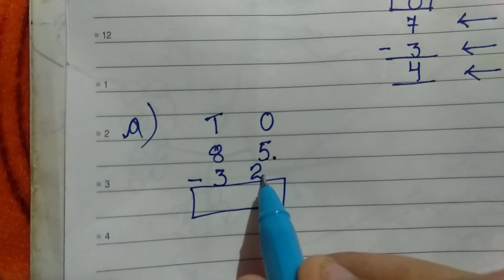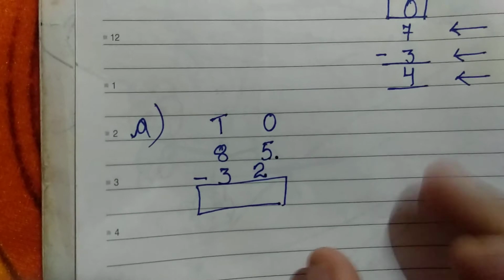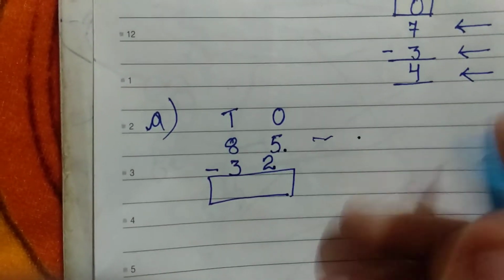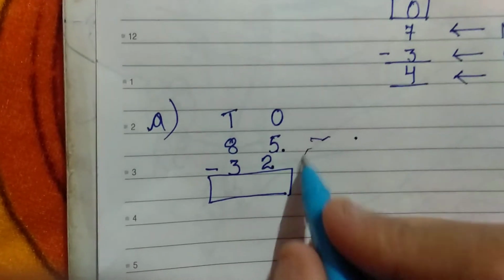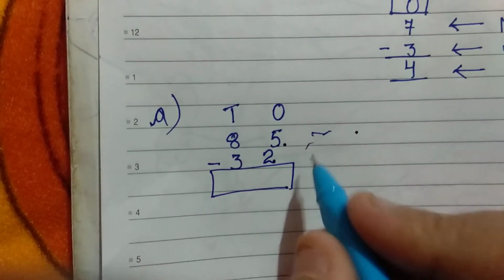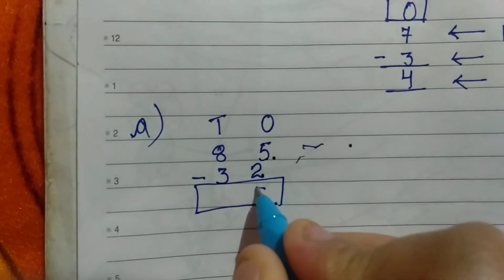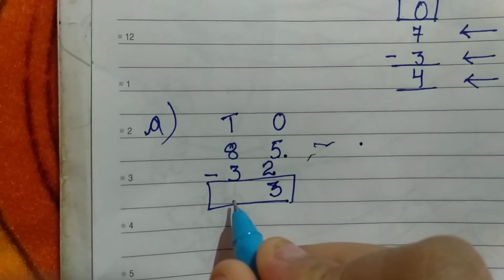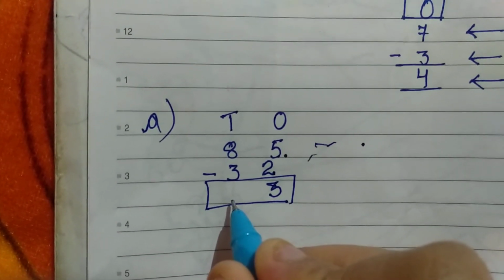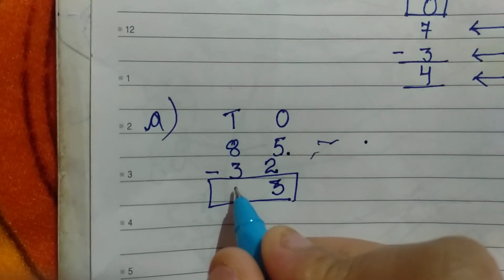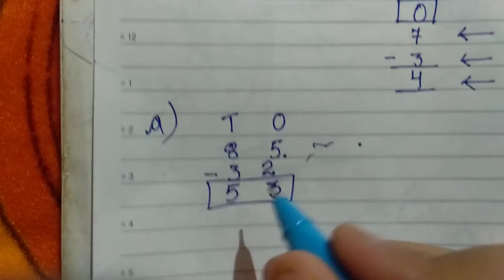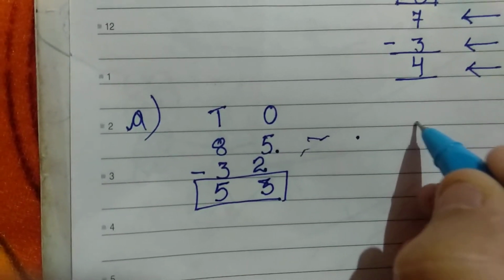You can use your pencil, you can draw lines here, and after that you can rub it, or you can use your finger. So 5 minus 2 is, yes, 3. 8 minus 3. Yes, children, 5. Very good. Let's take another one.